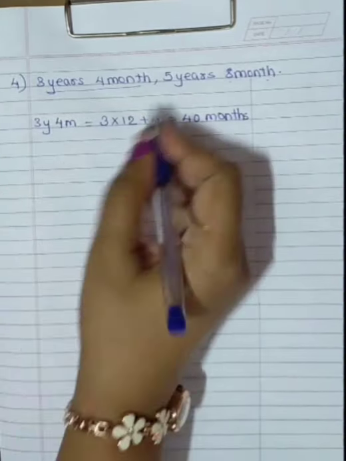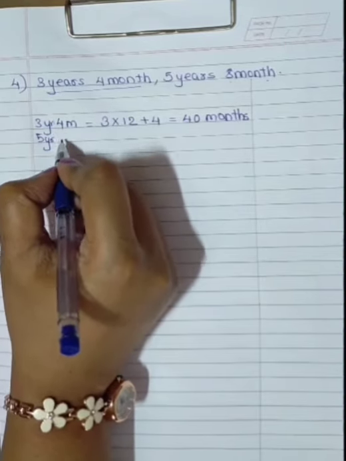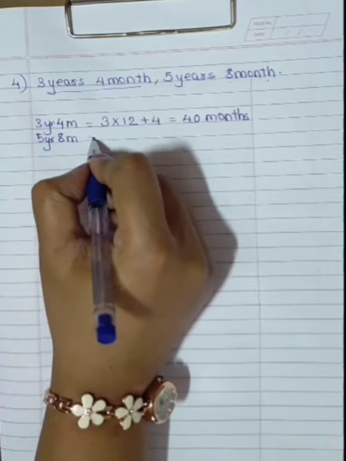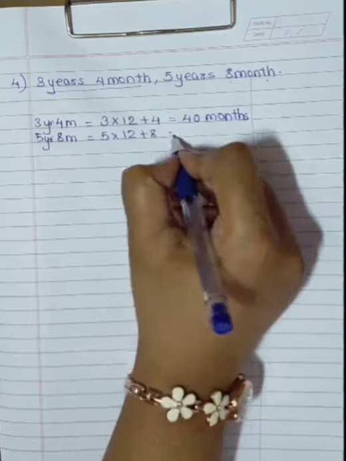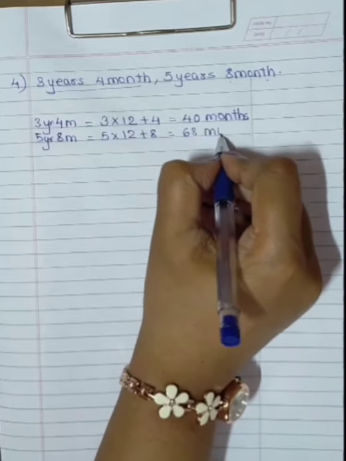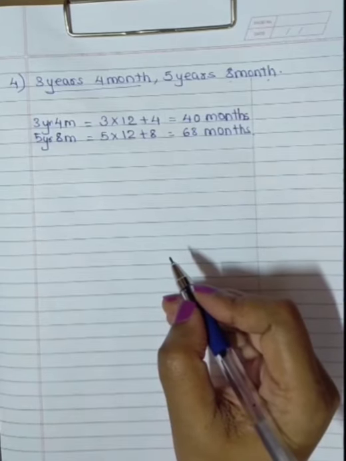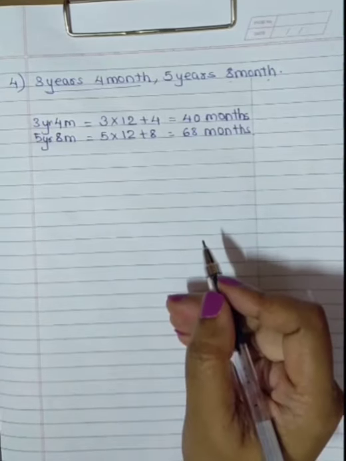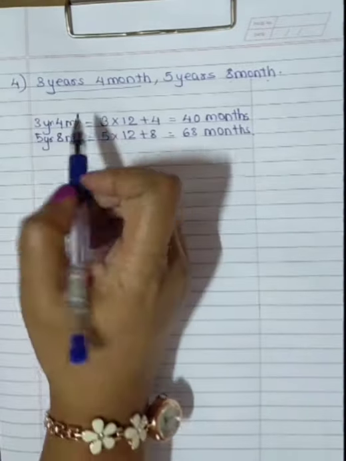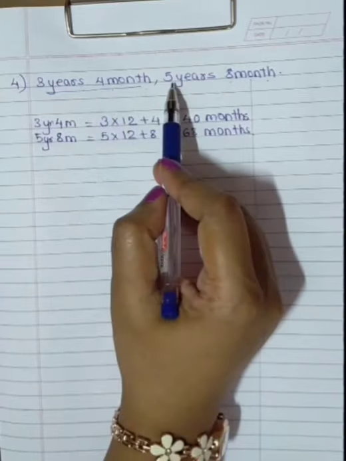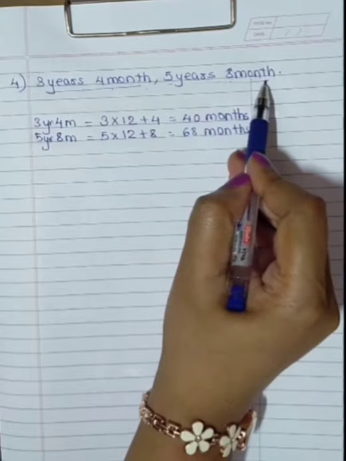Now next is given 5 years 8 months. So 5 multiplied by 12 plus 8 will get 68 months.